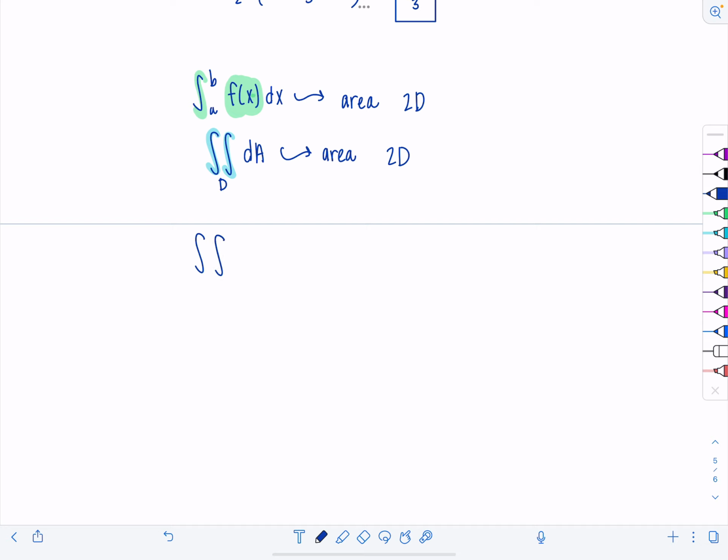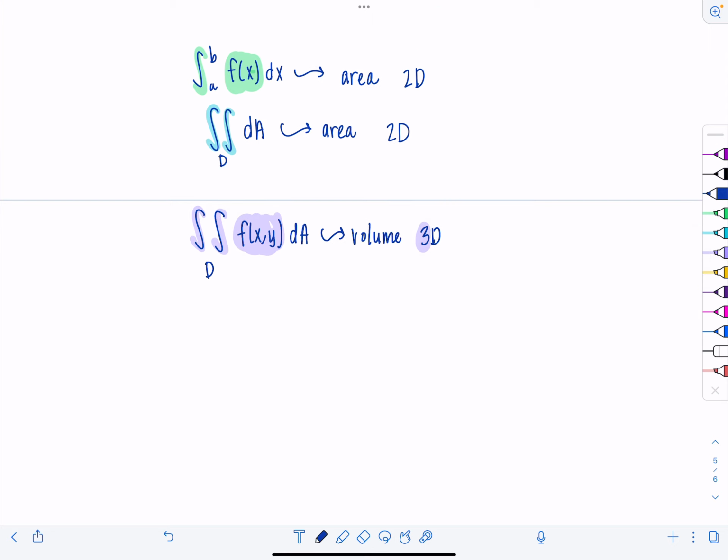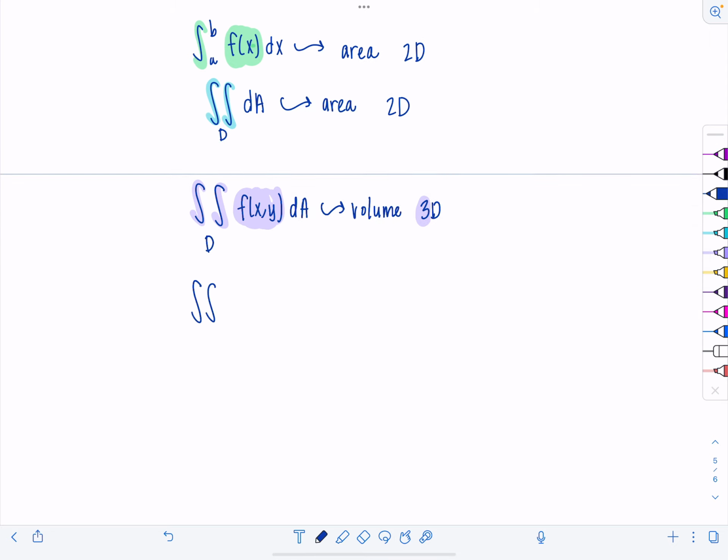Now we did a double integral over D. We had a function and dA, and this was a volume, right? 3D. Well, count it up. It adds up. 1, 2, and this time we have a function, 3, hence 3D. And then guess what's coming your way? Triple integral over E dV.